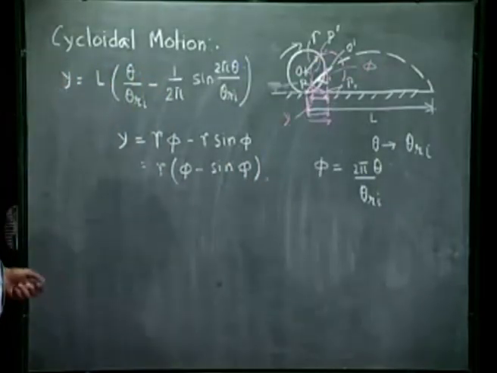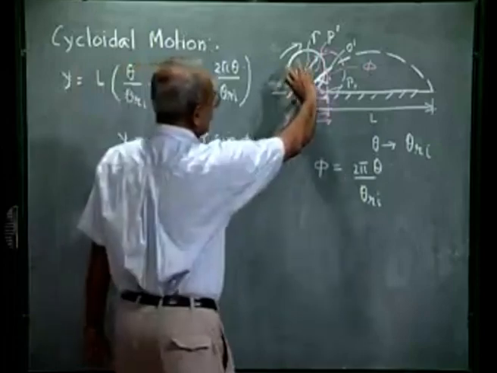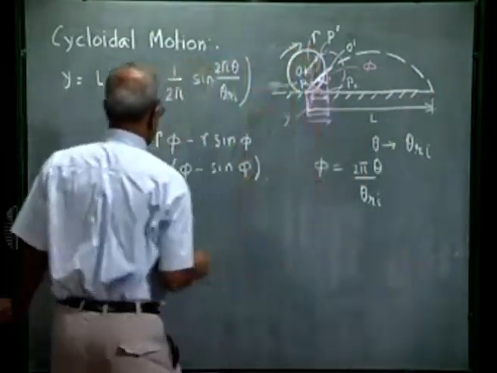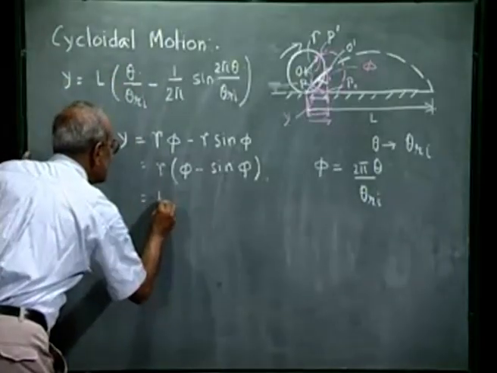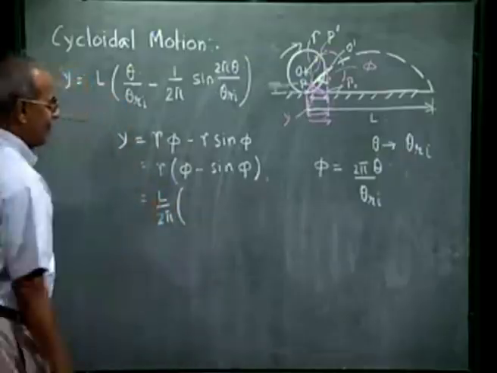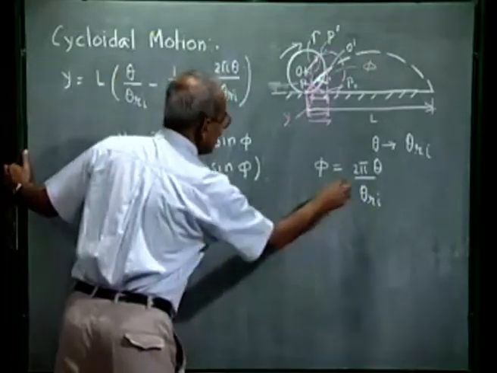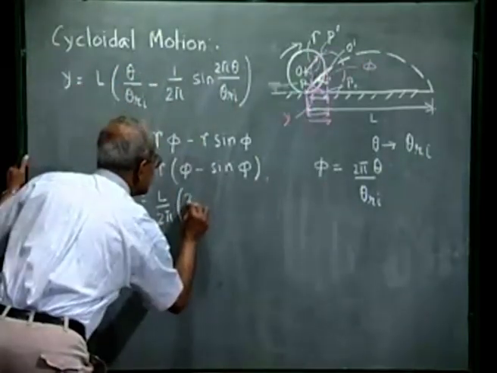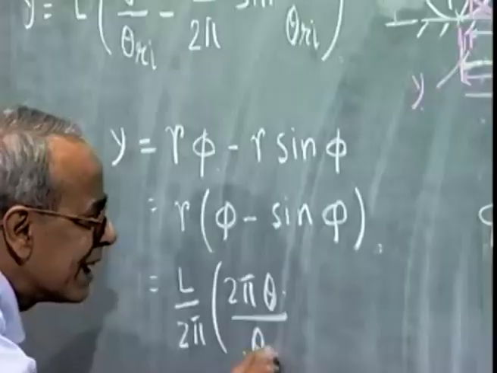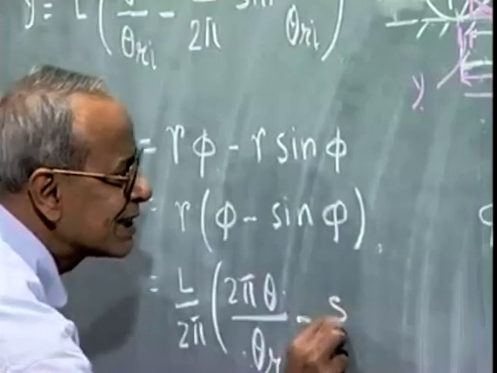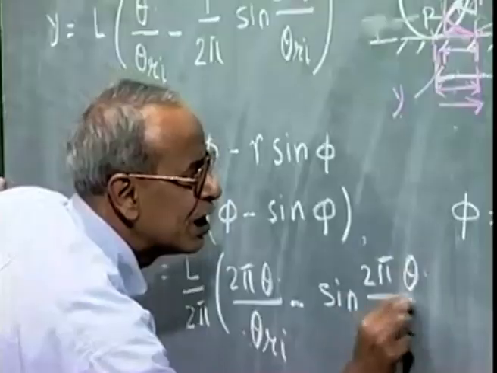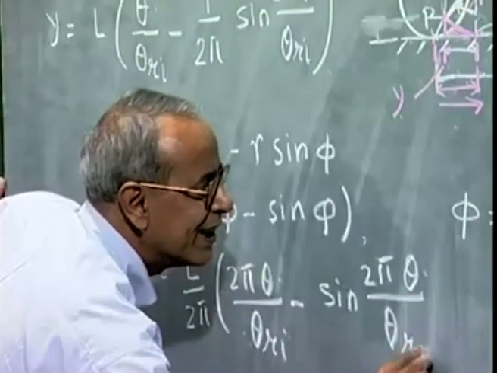Now let us see what r is. By one complete rotation of this wheel, it has covered a distance L, so r is obviously L by 2 pi. And now let me put the value of phi in terms of theta, which is 2 pi theta by theta Ri, minus sine 2 pi theta by theta Ri.